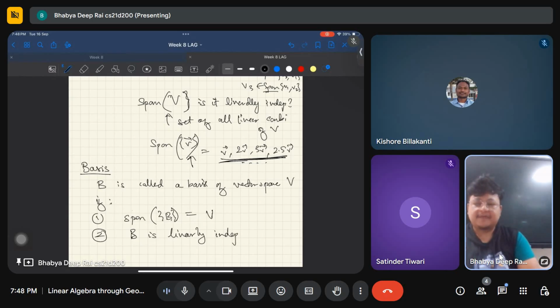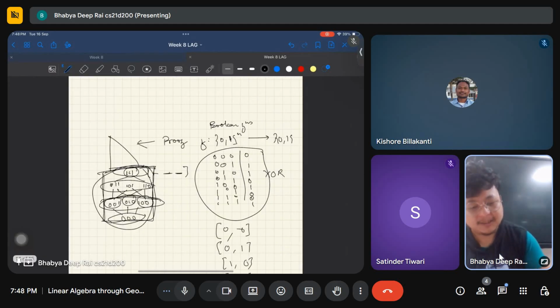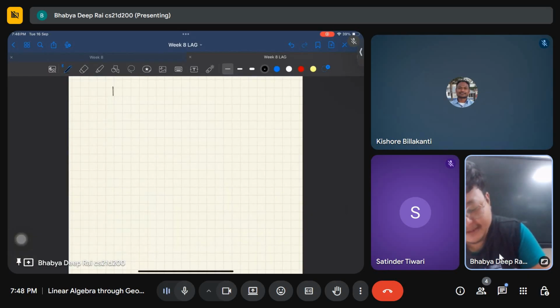The vectors inside B are linearly independent. This is the definition of basis. I'll give you an example. Take the vector space R cube.